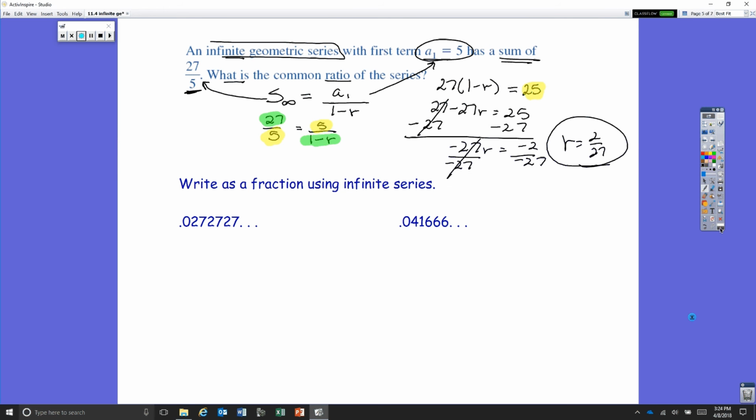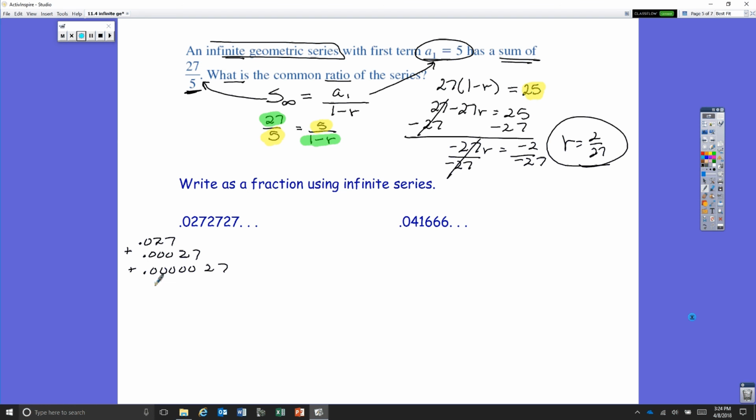A place we can use these infinite geometric series is when we have repeating decimals. So if I have the repeating decimal 0.027272727, the 27 is what repeats. So I'm going to rewrite this so I see it as an infinite series. It is 0.027 plus, I need these places filled in, plus 5 places filled in with zeros. So look at this.